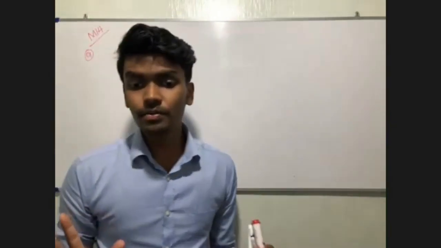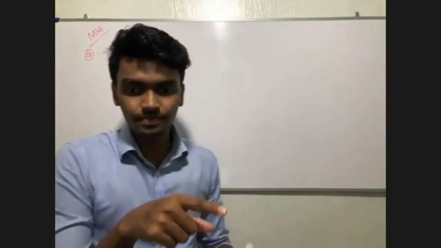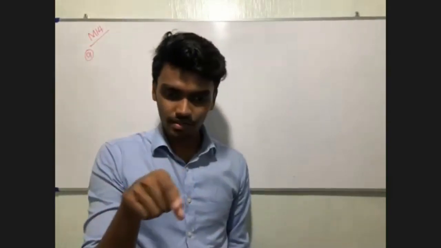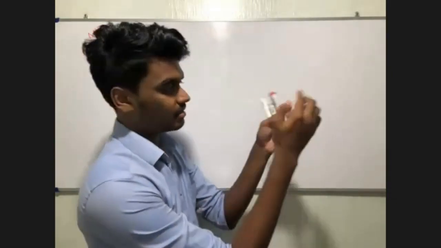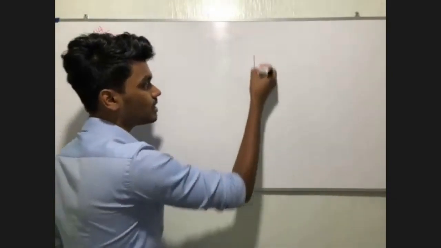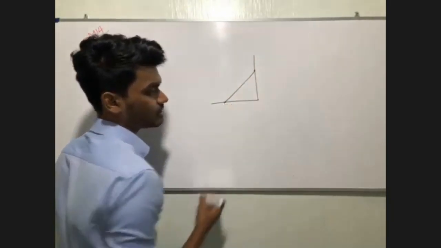So yes, we need to draw the free body diagram. In the small figure they have given, usually when a question is given, they have given a small figure and a large figure, right? The small figure is the figure where it is touching. These points are touching each other.